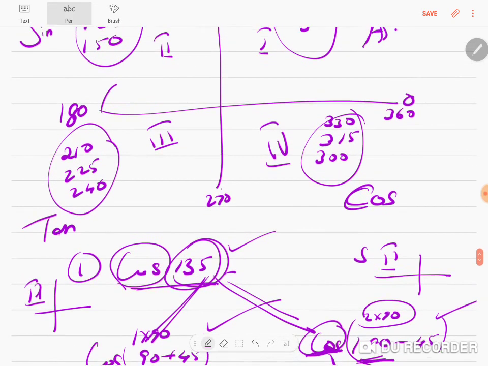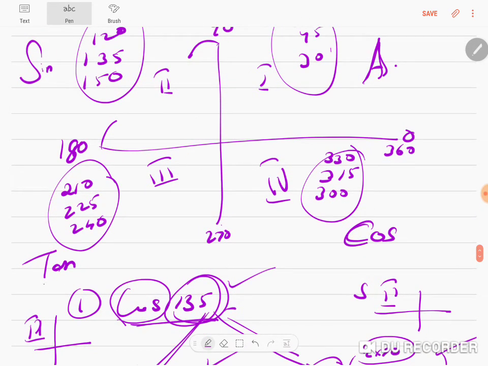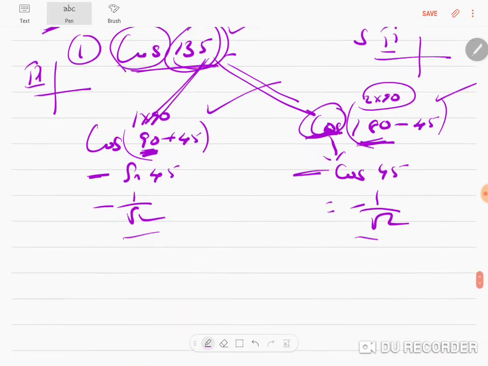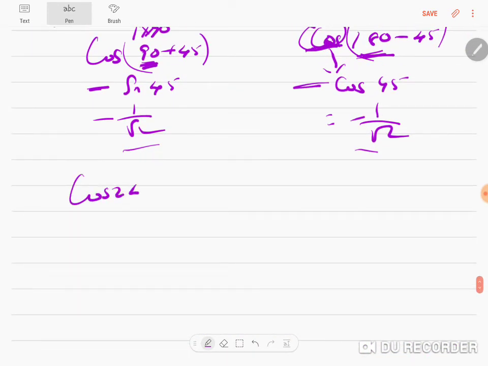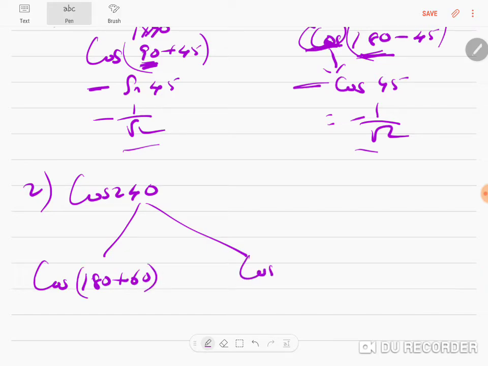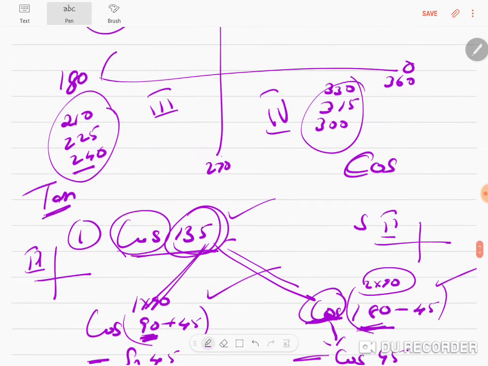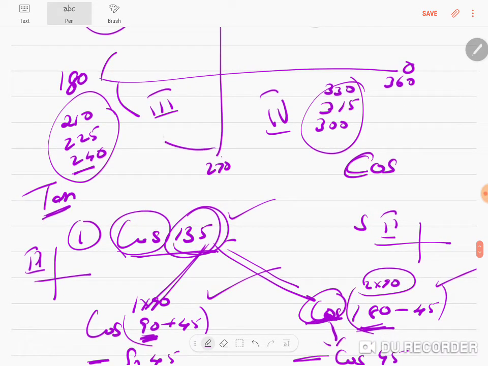Let's do a sum in the third quadrant. Tan only should be positive in the third quadrant. So let me do cos 240. Cos 240 is the question, which I can write as cos of 180 plus 60 or cos of 270 minus 30. A third quadrant angle can be 180 plus or 270 minus.